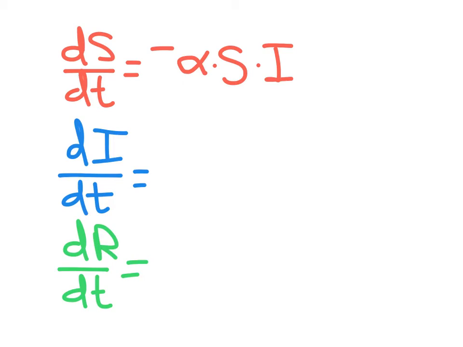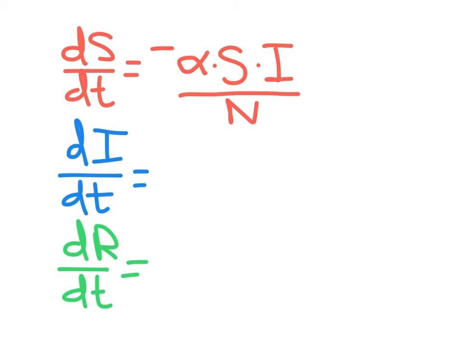What we want to have is the number of people per day. We want to have a change in number of people per day. So what we have to do is divide this by the population of people.